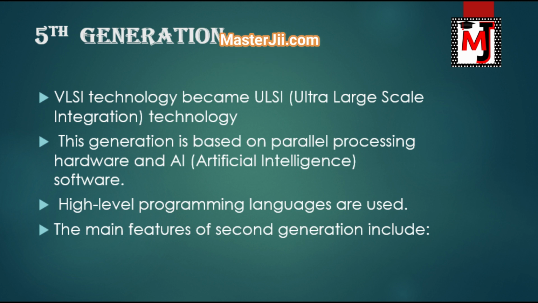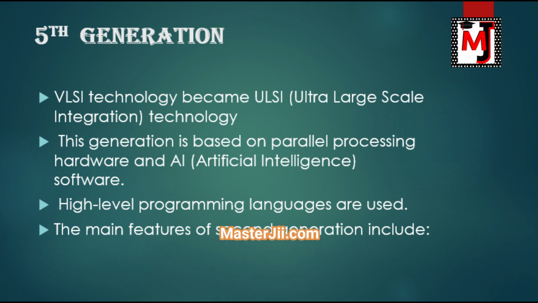AI is an emerging branch in computer science which interprets the means and methods of making computers think like human beings. All the high-level languages like C, C++, Java, and .NET etc. are used in this generation. And we can say that AI includes robotics, neural networks, game playing, etc.